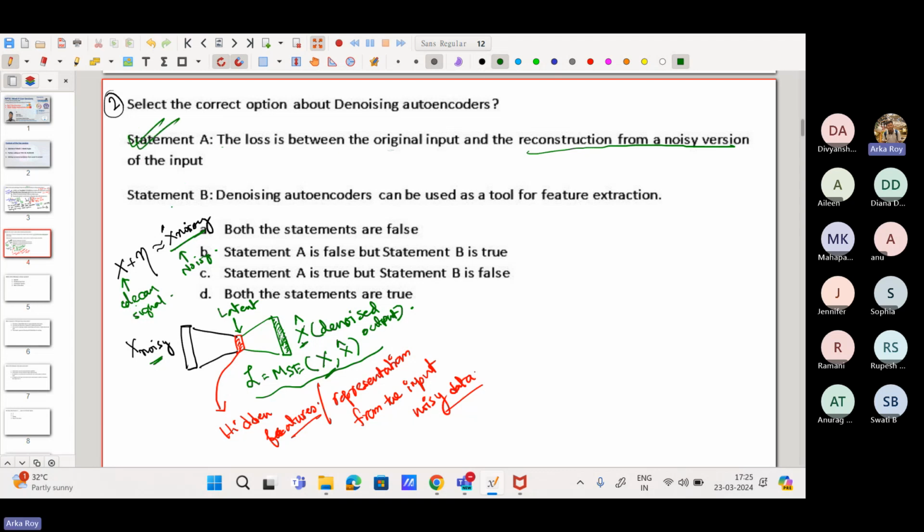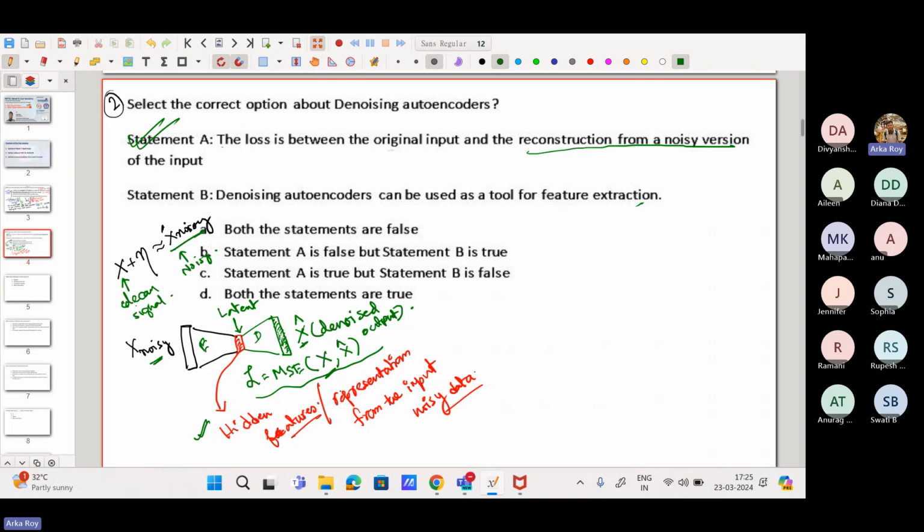And the second statement, statement B, is that the denoising autoencoder can be used as a tool for feature extraction. We can see that while doing the encoding operation, if this is the encoder part and this is the decoder part, the autoencoder model at the latent space tries to extract some hidden features or representations from the input noisy data.